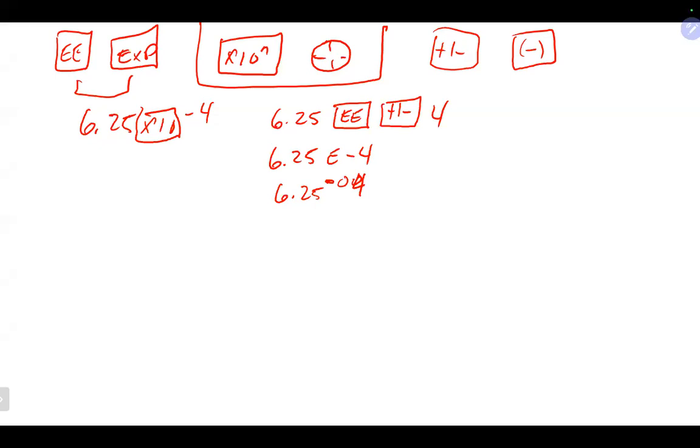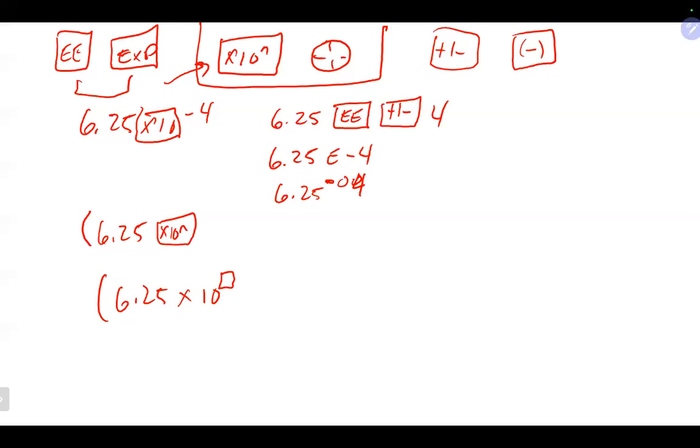Now, if you have this button or those two buttons, you pretty much have to do the same thing, except that you have to put parentheses around every single number because of the way the calculator is programmed. So you need to open with a parenthesis. You hit the 6.25 and then that button. The 6.25 will probably go times 10, and you'll have a little cursor blinking up on top.